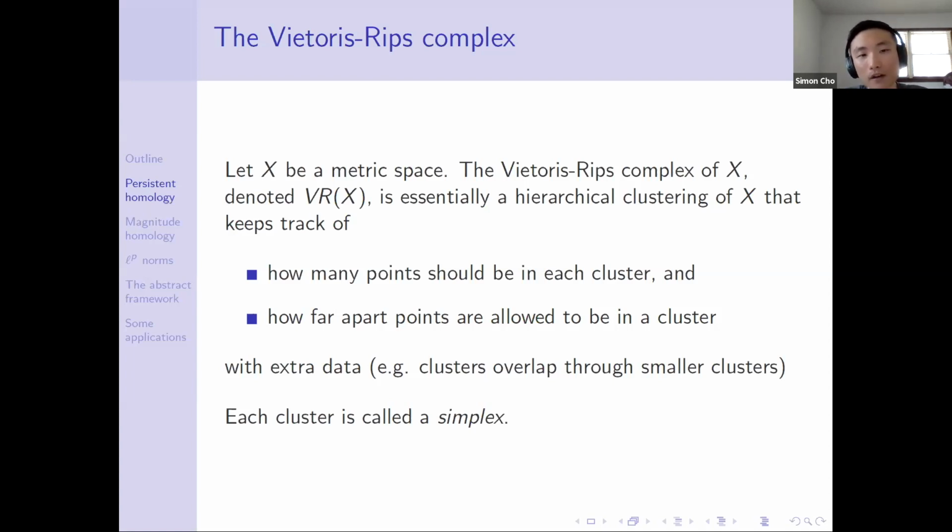And how far you're allowing points to be in a particular cluster, so that's the length scale r. It has some extra structure and extra data in it. For example, clusters can overlap through smaller clusters. For those who have seen this, each cluster is just a simplex, and you're allowed to have repeats of points, but they should behave well in some sense, okay?